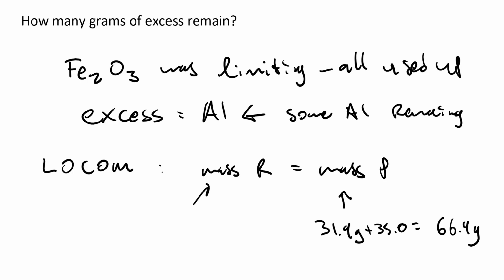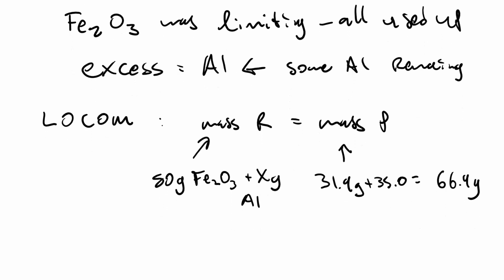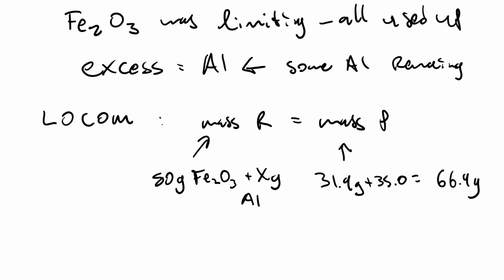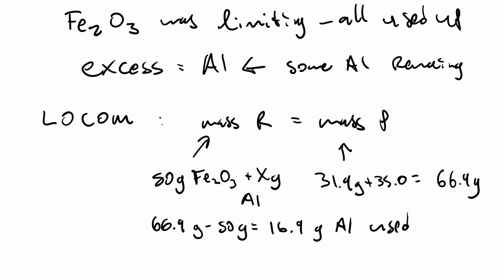Now, the mass of reactants, that's the 50 grams of Fe2O3 plus X grams of aluminum. So if we subtract 50 from 66.9, that gives 16.9 grams of aluminum was used.